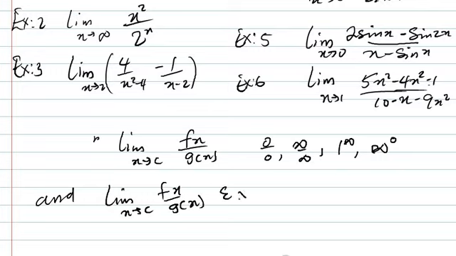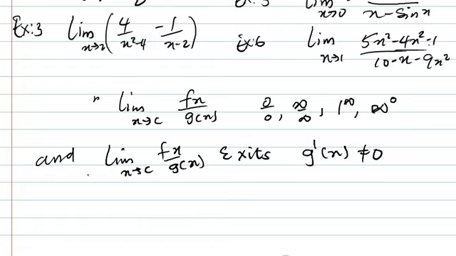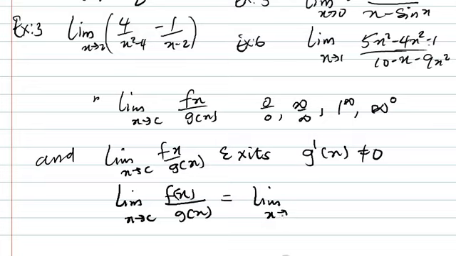And if you differentiate the denominator, that's g prime of x, and it is not equal to 0, then you can say the limit as x goes towards c of f of x over g of x is the same thing as the limit as x approaches c of f prime of x over g prime of x.